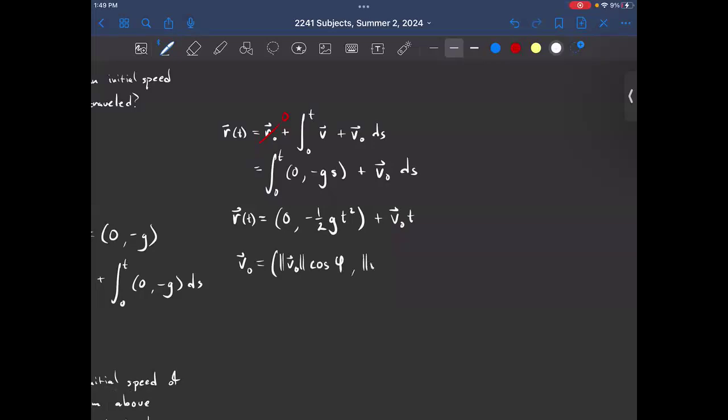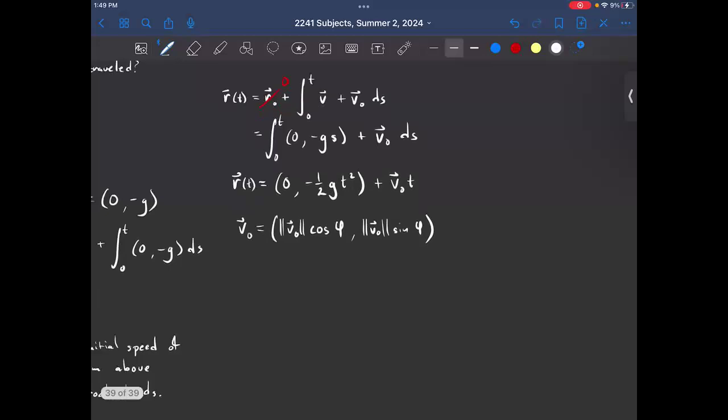And this is going to be the norm of the vector times the sine of the angle that it makes with the x-axis.